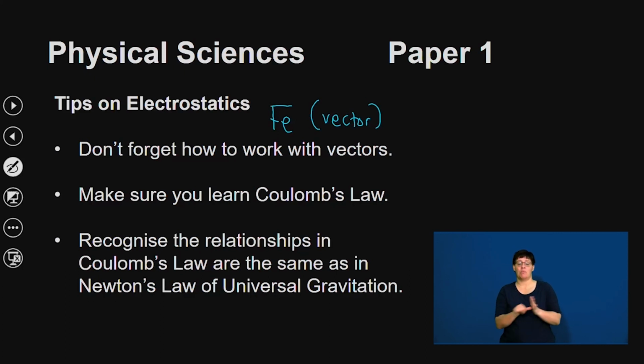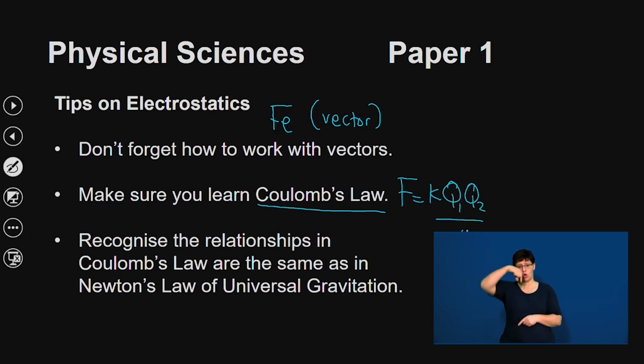Now, also make sure that you learn Coulomb's law. We have mentioned the importance of the examination guidelines. So in the formula sheet, it will be written F = kQ1Q2/r².